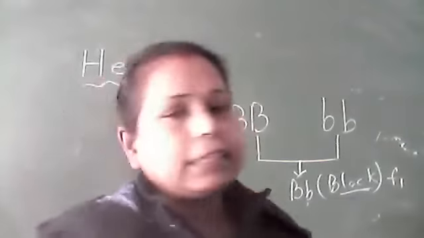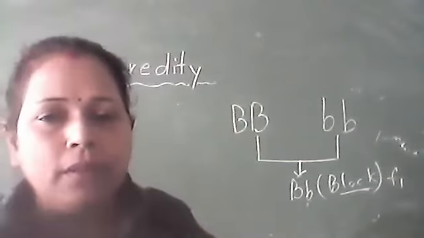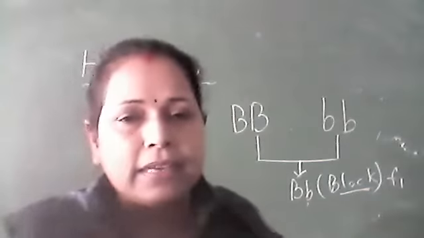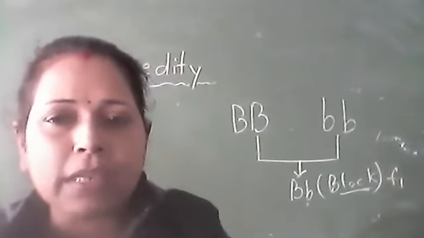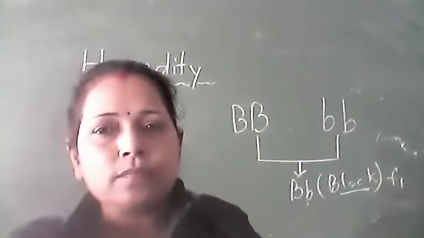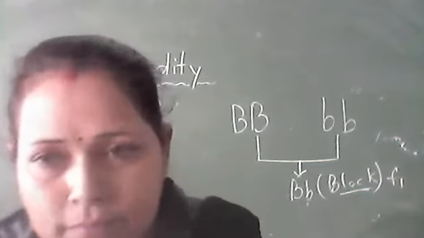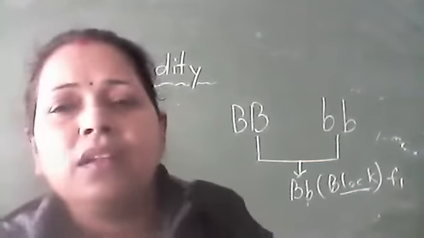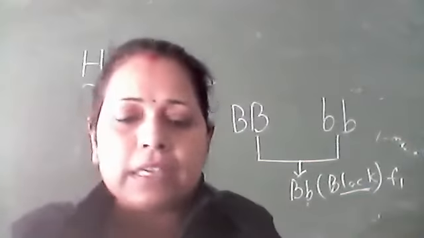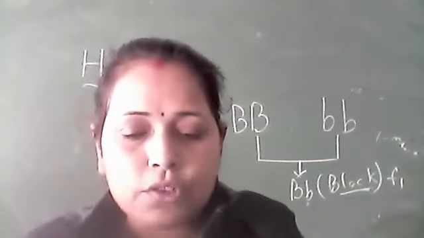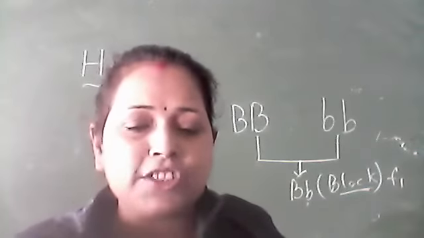If I am representing the first generation, I am showing it to you. ये फर्स्ट जनरेशन को मैंने दिखाया. सेकेंड जनरेशन में क्या मिलेगा हम लोगों को? Arul, tell me how we are going to represent it in the F2 generation.